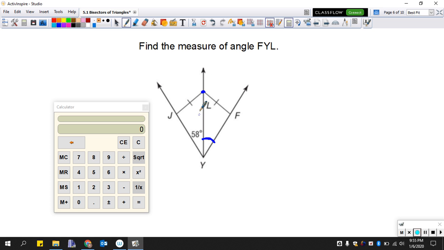So that means this is an angle bisector. That tells us that if that's 58, then over here it has to be 58 degrees as well. So that's pretty straightforward. If we wanted to find the measure of the big angle JYF, you would just add 58 and 58 and end up with 116.